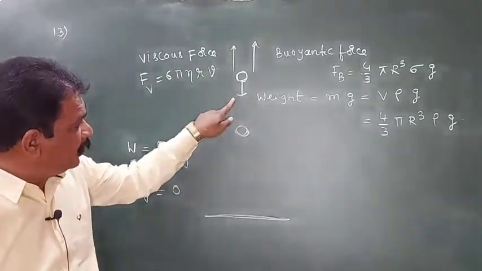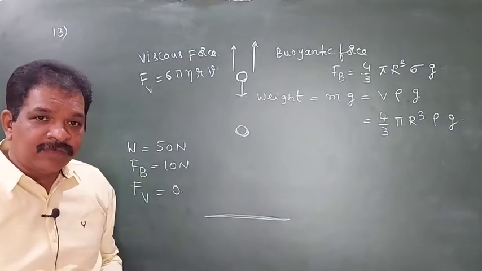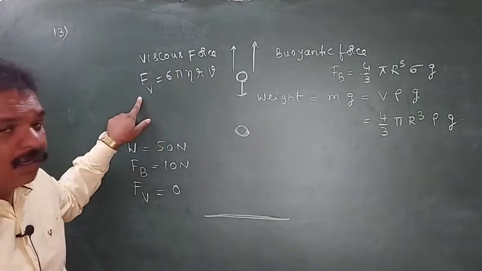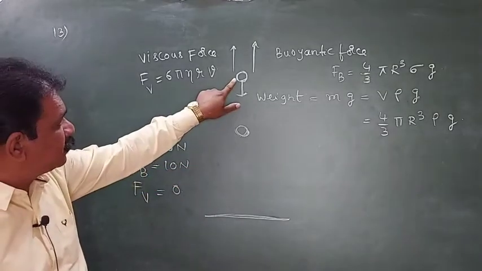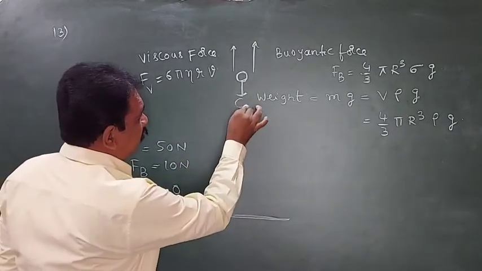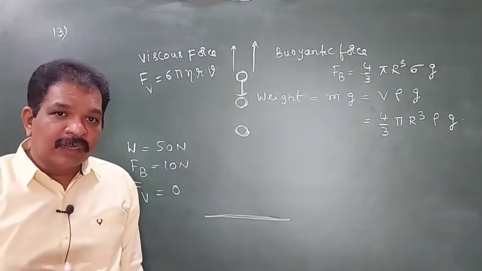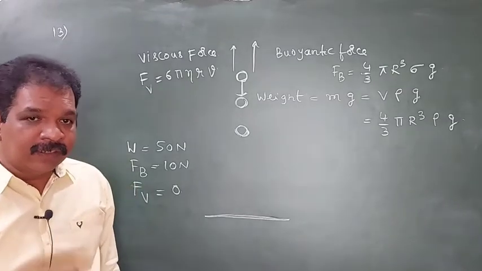When it is coming down, what will happen to its velocity? Velocity will increase, so viscous force magnitude will also increase. Here viscous force is 0. Here let the viscous force be some 20 newtons. Like that, gradually viscous force magnitude will increase.